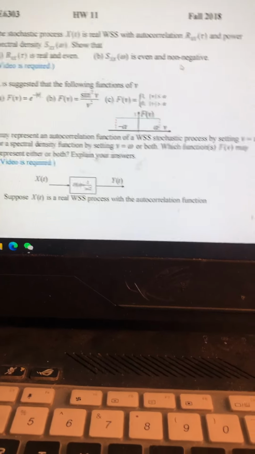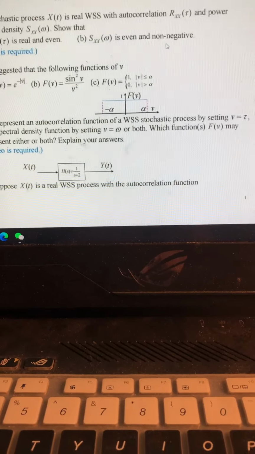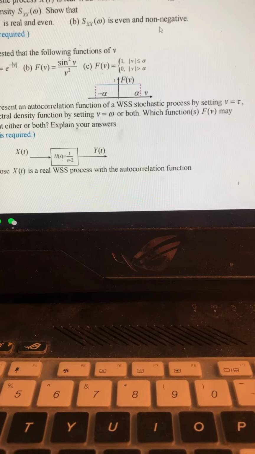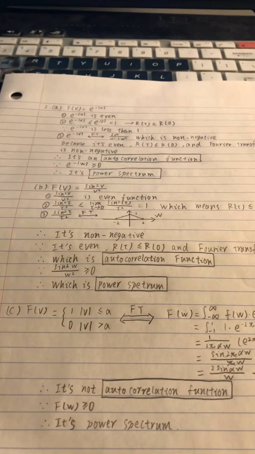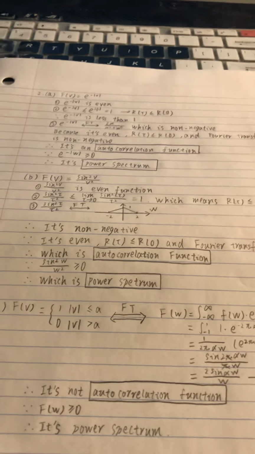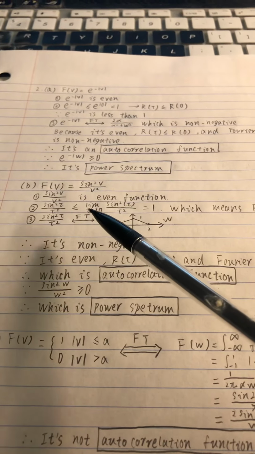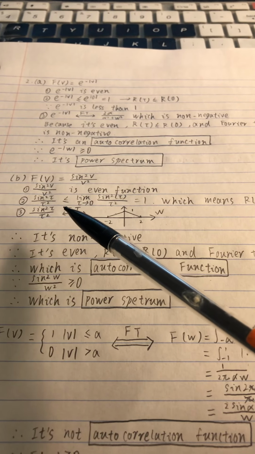And in part B, it says for f(v) equals sine squared v over v squared. So from that we can see first the f(v) is an even function.